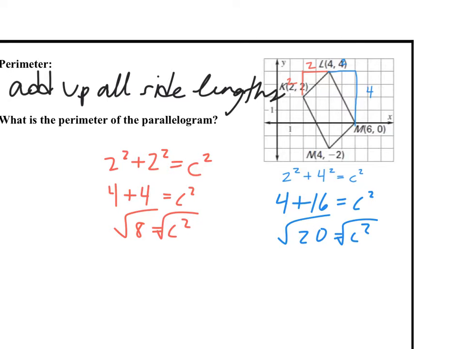If you don't have a calculator, can you grab one? Probably easier to use decimals instead of simplest radical form here, just because you're adding up 4 sides. Better this way.